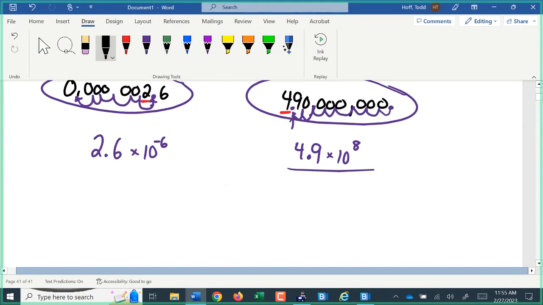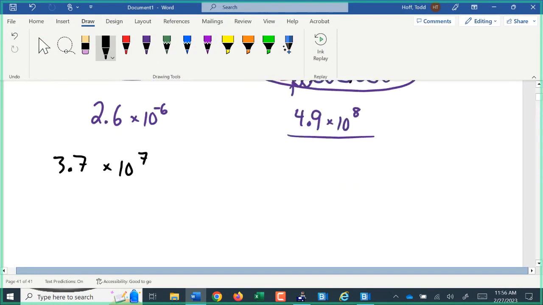Going the other direction, we just have to reverse the process. If I have 3.7 times 10 to the 7th. Well, I start out with the 3.7, and I have to move the decimal one direction or the other. Well, this is 10 to the positive 7. Since that's a positive power on my 10, this is a place value that's a large number.